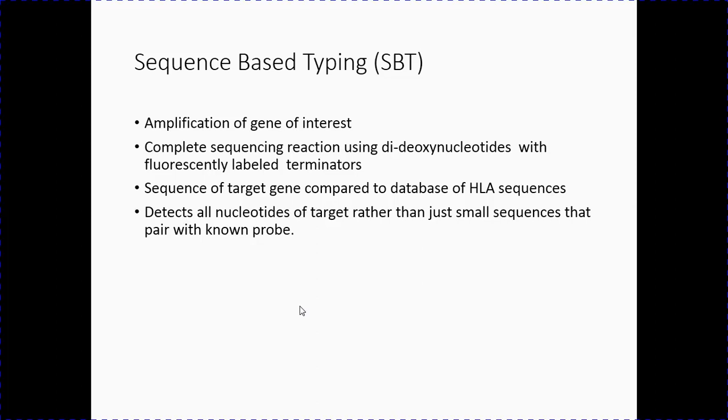This detects all the nucleotides of the target rather than just those little small sequences like we see in other PCR-based tests. And so it's a very, very specific identification of the HLA antigens and any variants of them against a database. So you do this for the patient, you do this for the donor, and you get a very good match on whether or not they have the same HLA antigens. This is really a test that's becoming put more and more into use.